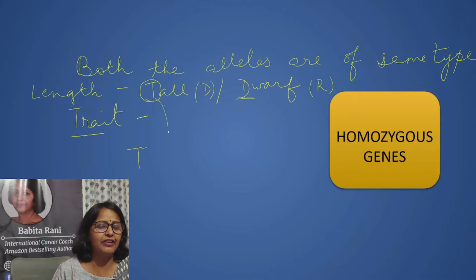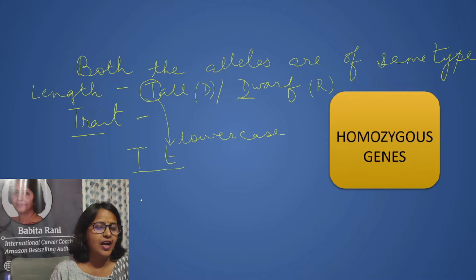Instead of that, we take the lower case of this dominant trait, and that is small t. So, what are the two alleles in a gene? Capital T or small t. Both of them may be present together in a gene. If they are present in this way, we call it a homozygous gene.